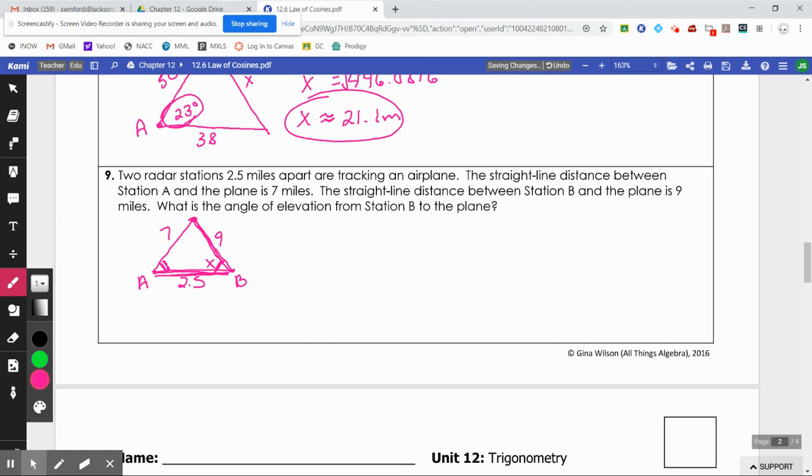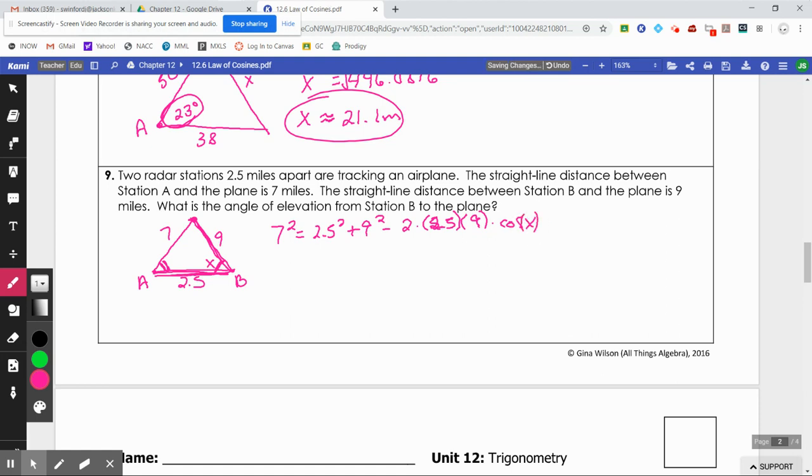So you plug it into your formula, and if you want to use the b squared formula, it would be b squared equals 2.5 squared plus 9 squared minus 2 times 2.5 times 9 times the cosine of the angle, which is what you're looking for.